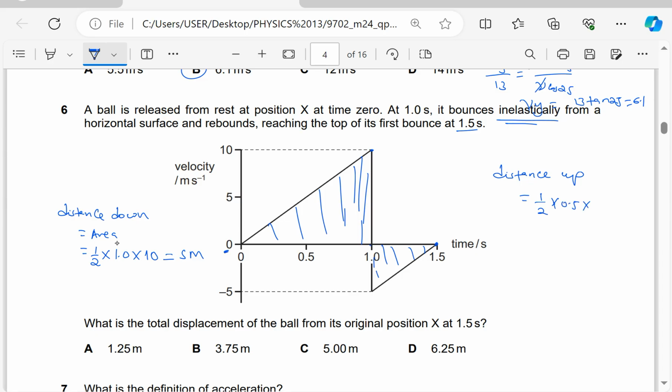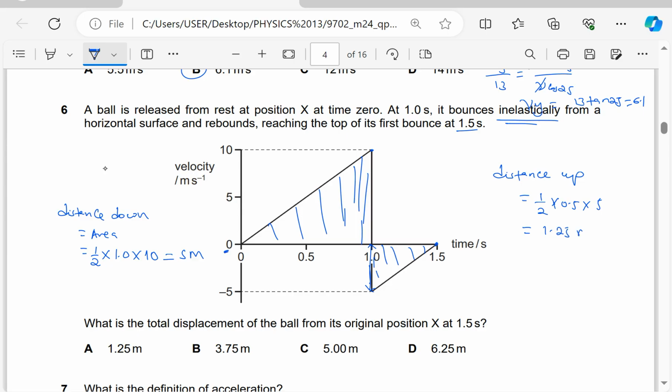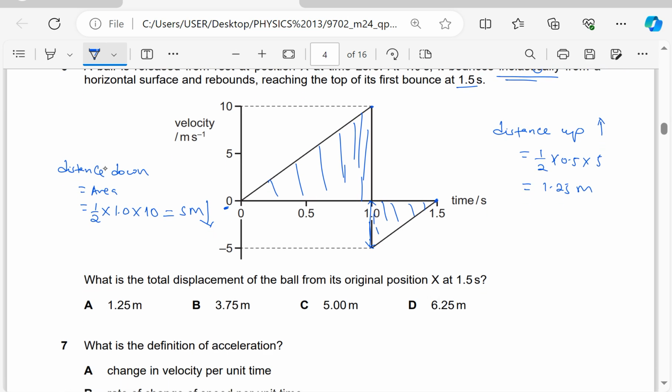Then the height is this one here, which is 5. So that is a half times 5 times 0.5, which is 1.25. So this is distance up, and this was distance down. So the question is, what is the total displacement of the ball from its original position? Displacement is a vector quantity.